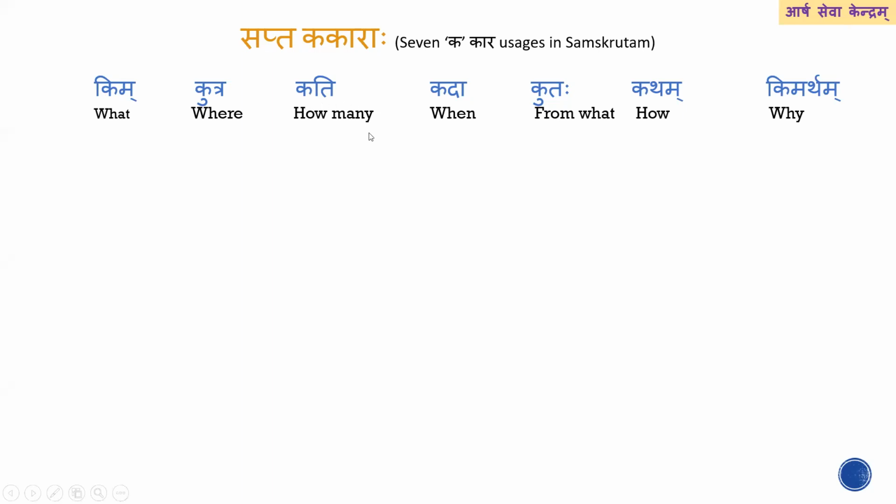Kati, how many. So remember this. Kada. Whether you used or not, you feel intuitively familiar. Somewhere we might have used. Even otherwise, it's very intuitive. Kada, when you hear itself, you know, hey, kada. Okay, kutaha. This is from what or from where, like that.